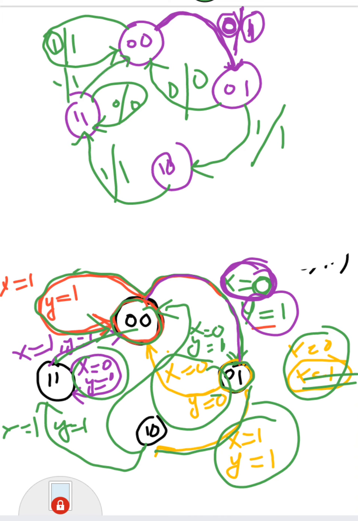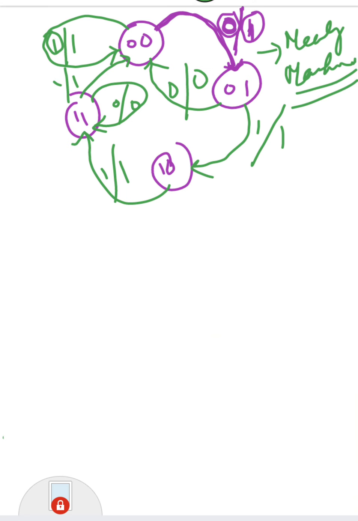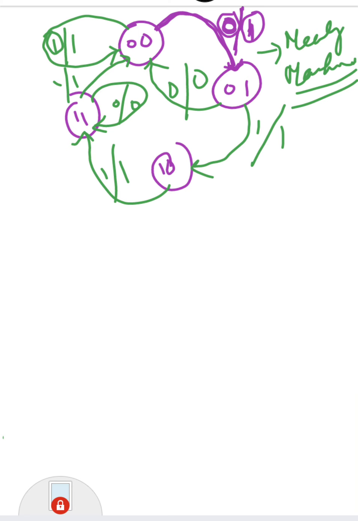So if you see this kind of representation, this is a simplified model for a Mealy machine representation. Now the conclusion in this Mealy model is, if you are representing any digital system in a Mealy machine model, the output, that is this value 1, this 1, this 1, this 0, this 0 and this 0, these are the output.